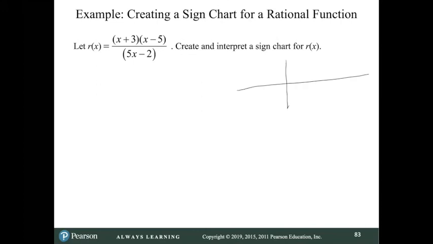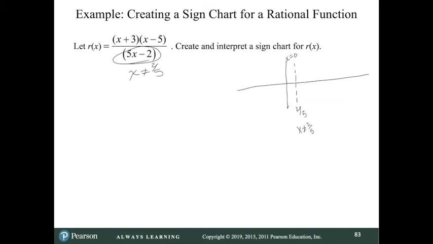So I'm going to start out with my axes. So here is x equals 0. And that's just going to help transition us from graphing to sign charts. The first thing I'm going to look at is my denominator. X cannot be 2/5. So here at 2/5, I'm going to put a dashed line. X cannot equal 2/5.